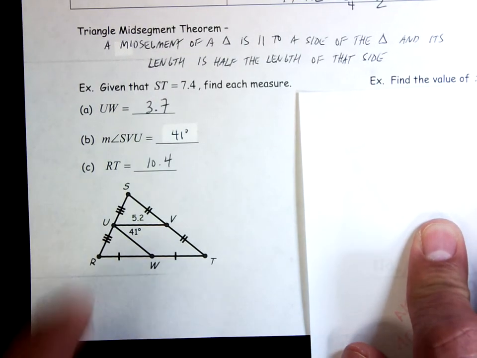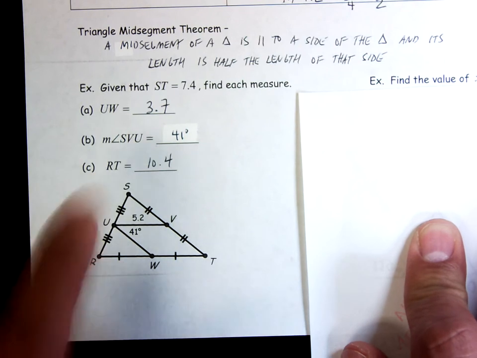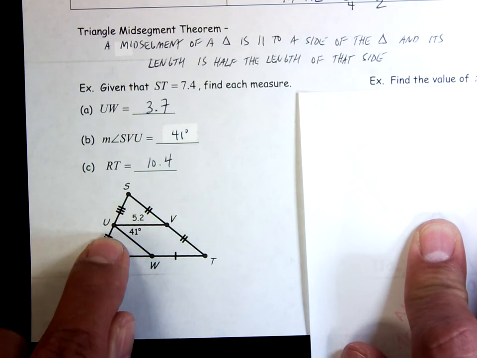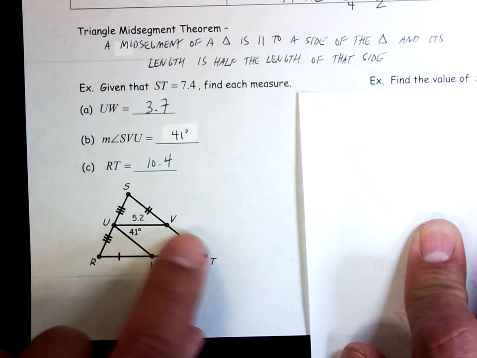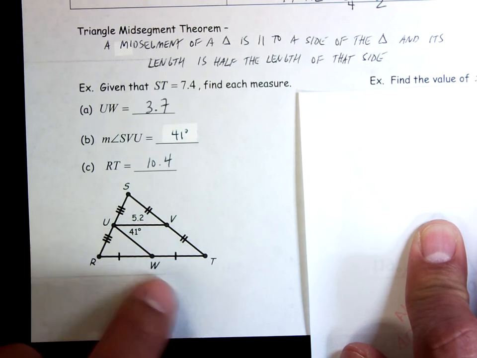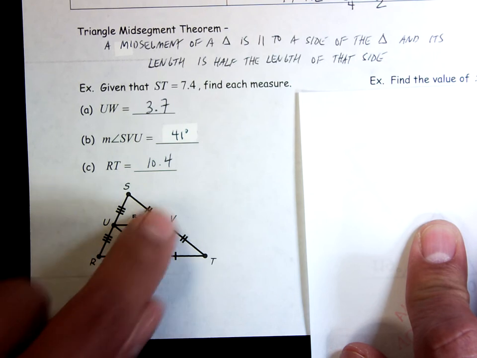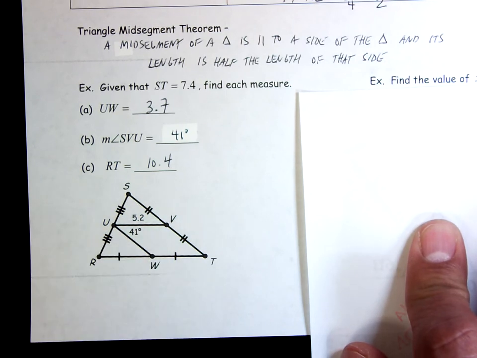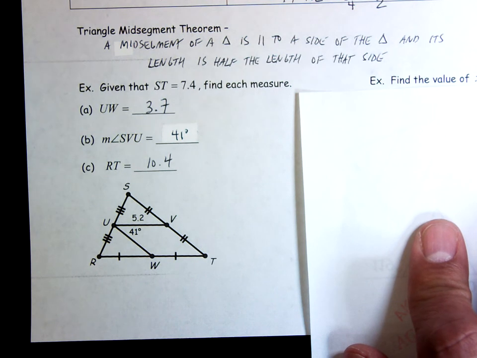Okay, find the measure of angle SVU. So SVU, well, I know this is a midsegment, which means these two lines are parallel. I know this is a midsegment, so this and this must be parallel. Well, that opens up some routes for us to take. Alternate interior angles, same side interior angles, different ways we could approach this.